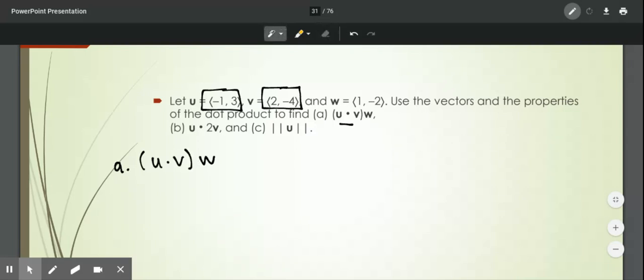So first start with u dot v. So we have negative 1 times 2 plus 3 times negative 4. And then we're going to have to multiply that by our vector 1, negative 2.